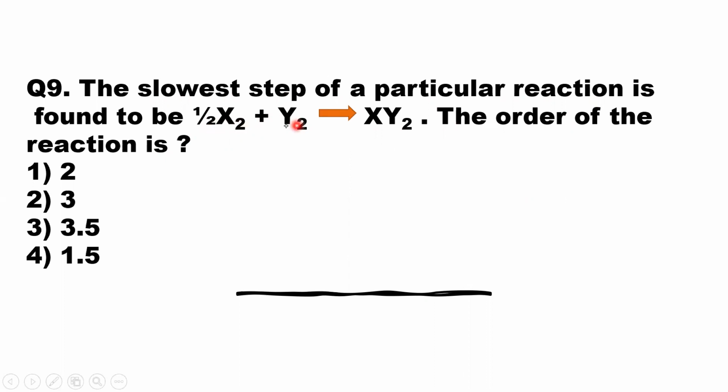So 1 plus 0.5 becomes 1.5. So the answer is 1.5, because in the slowest step, two molecules are involved, but here 1.5 molecules are involved. The slowest step is called the rate determining step.